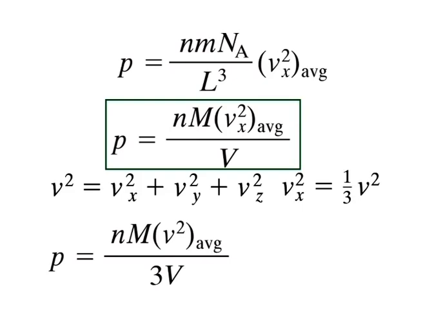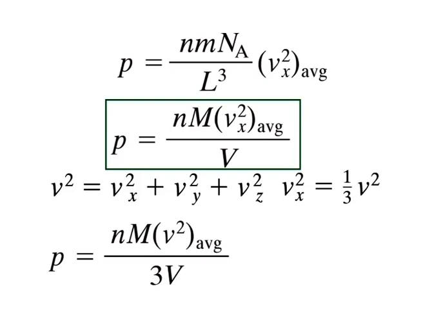The square root of v square average is a kind of average speed called the root mean square speed of the molecules, symbolized by vrms. Its name describes it rather well.